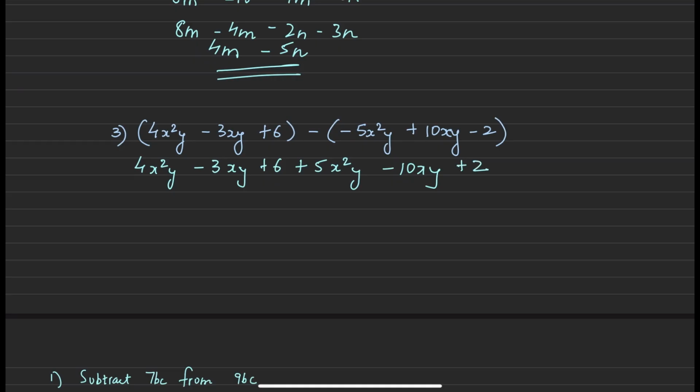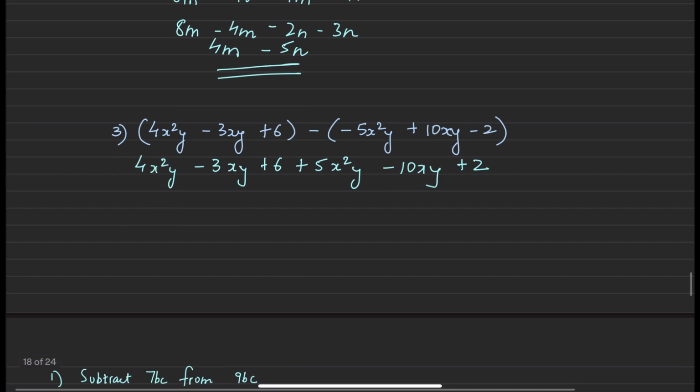Once again, check whether you have done the correct thing. Here, nothing changes. Okay, same signs. Don't write this minus sign. Write the opposite of all this. Quickly group them together and add. I'm not going to waste much time on this because we know how we have to group.